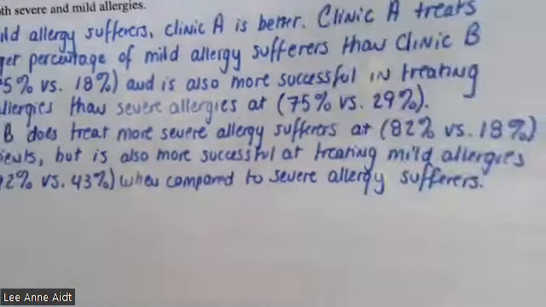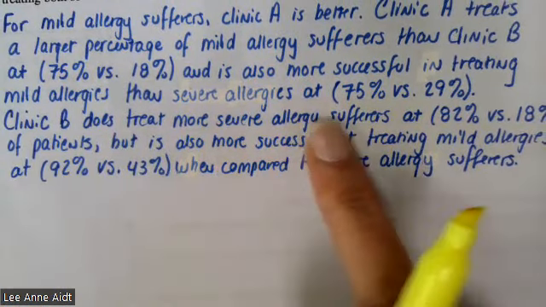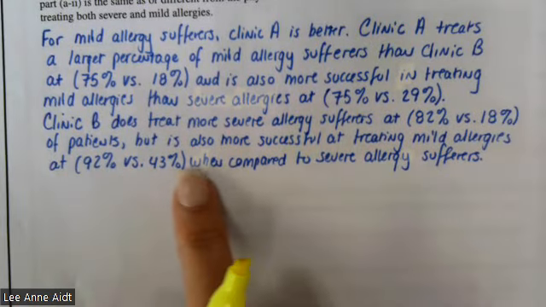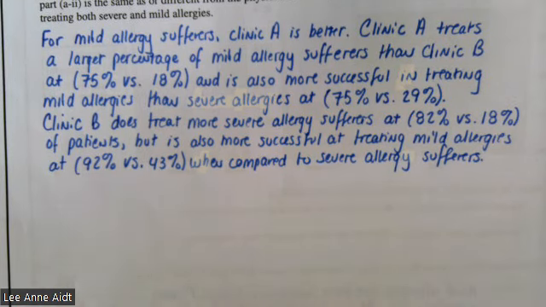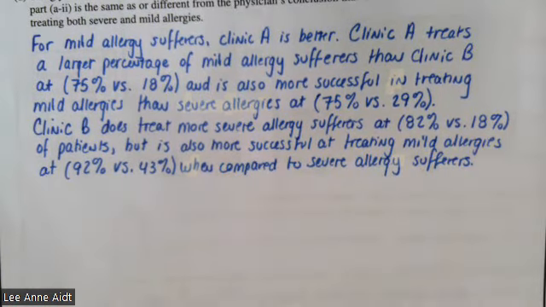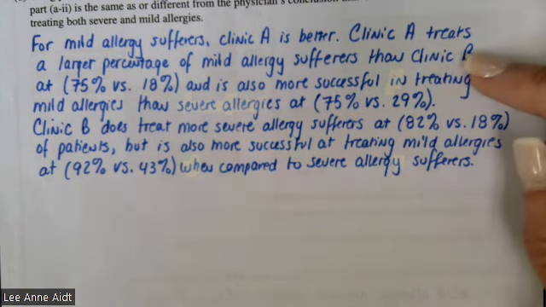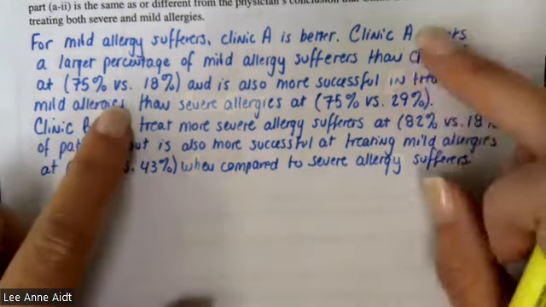Okay, so my second part was Clinic B does treat more severe allergy sufferers, but is also more successful at treating mild allergies when compared to severe allergy sufferers. What did I get on this problem? I don't even know. I know this first part.